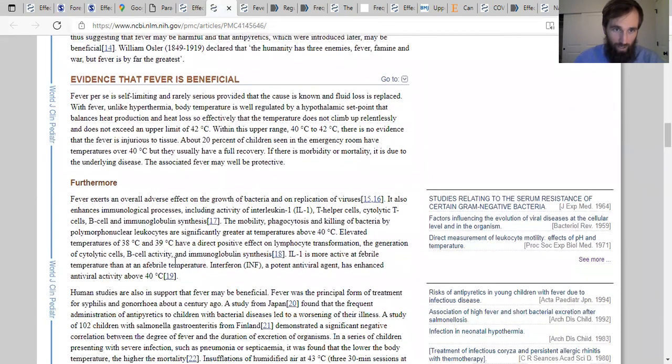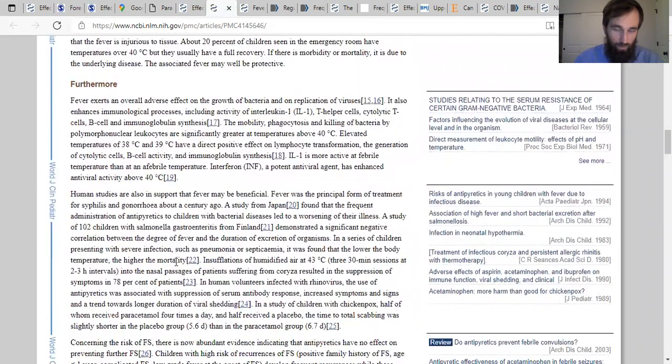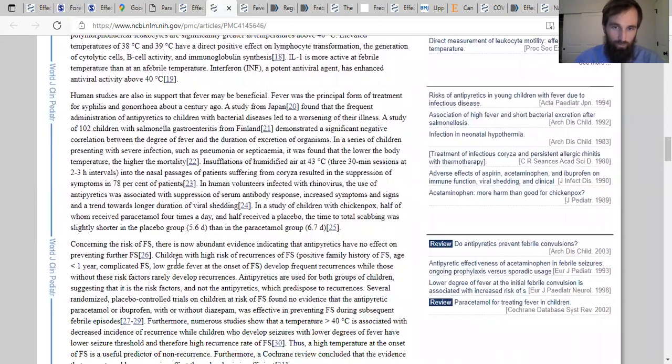So if we are to treat COVID with heat effectively, I shouldn't say treat, if we're going to use an additional therapy to treat COVID, heat is one of the most effective things. This is most effective not just in phase 1 once you are infected, it's also very effective from a preventative standpoint.